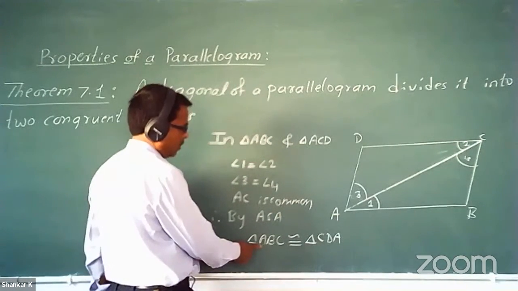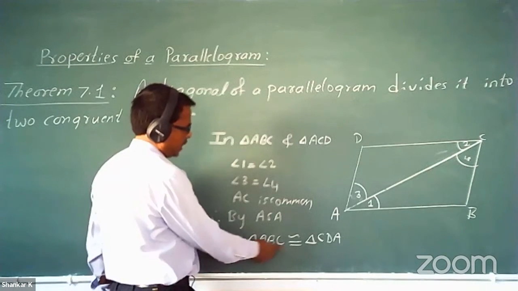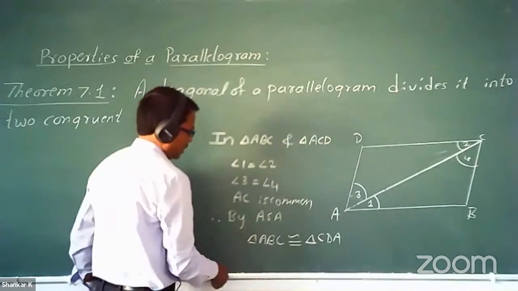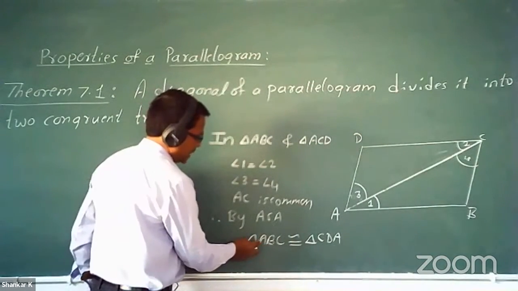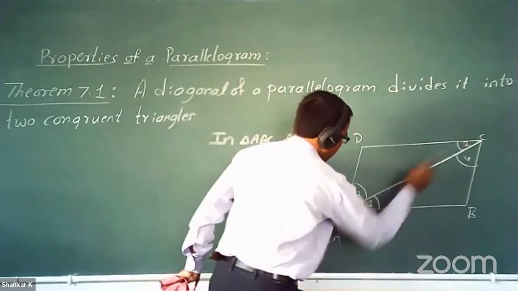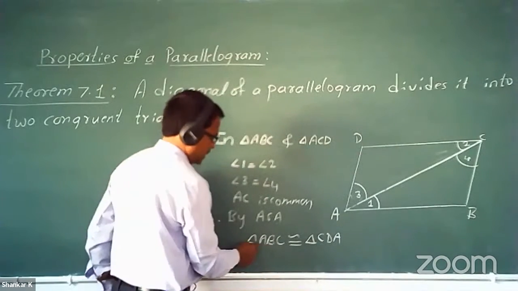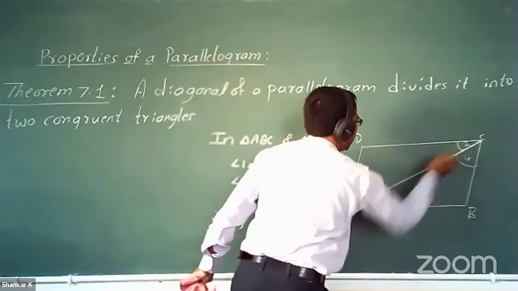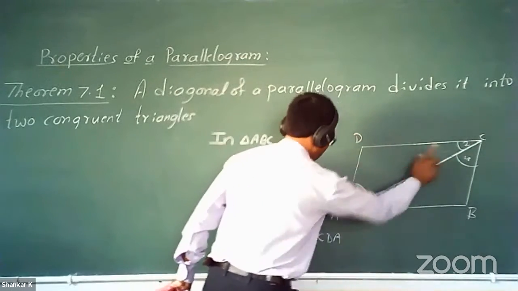You check: B equals D. BAC is angle 1, BCA is angle 2, and 1 and 2 are equal.